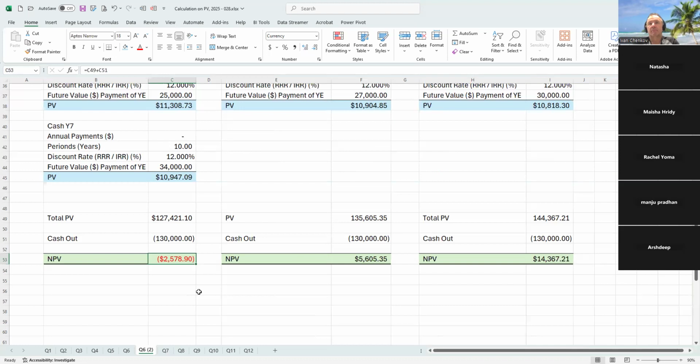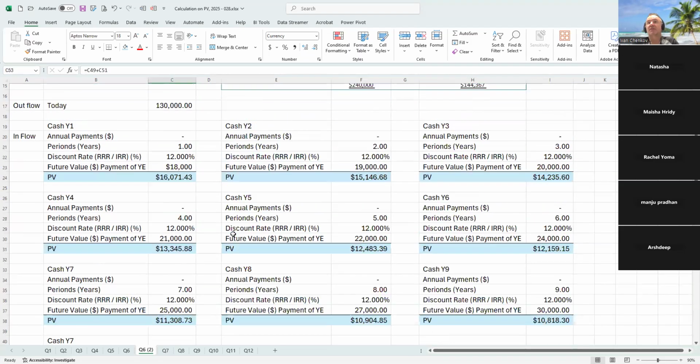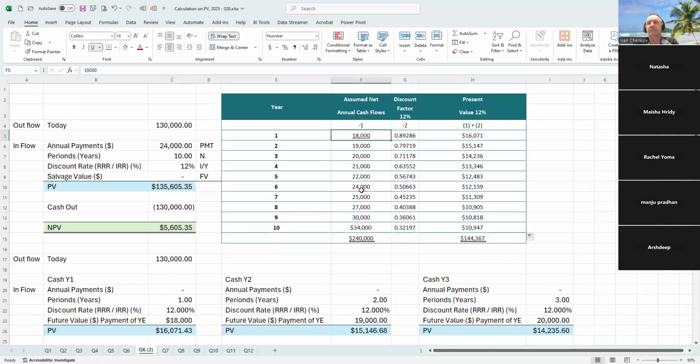My assumption is the larger the investment upfront, the cash flow that we're getting. Yeah, it's the timing of the money that we're getting. If we're getting a higher amount in the further distant future, the present value is way less.